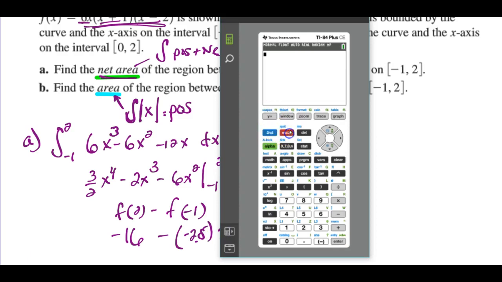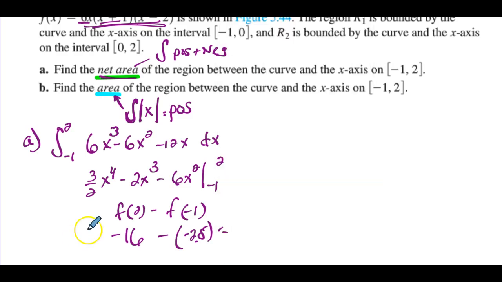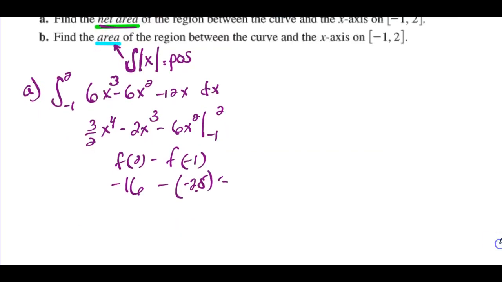And I can even go to my calculator and just do negative 16 plus 2.5, math, enter, if I want to get negative 27/2. So again, I'm still demonstrating content knowledge by doing the F of b minus F of a.